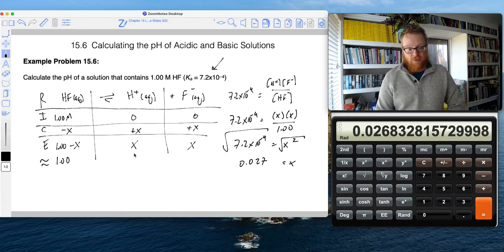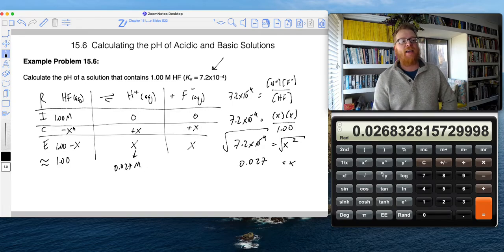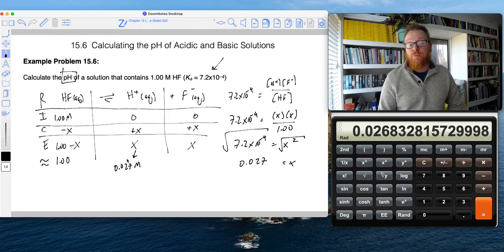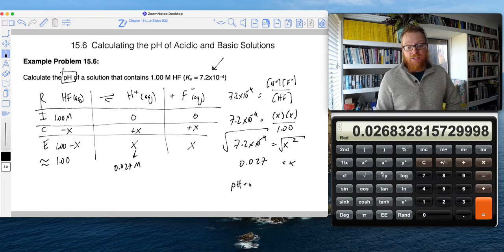Well, there it is. That means the H plus concentration is 0.027 molar. So is the F minus, but we don't care about the F minus because we were just asked to calculate pH. And now that we know what the H plus is, we can simply say that pH equals the negative log of the H plus concentration, which is 0.027.